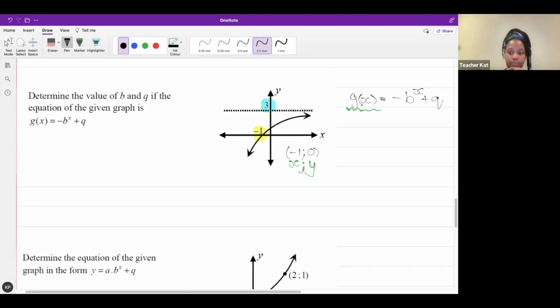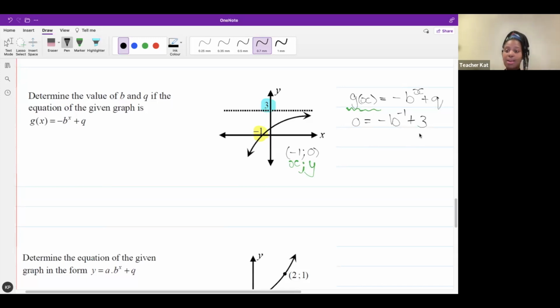Okay. So I can say 0 is equal to negative b to the power of -1. And what do we substitute for q? We substitute a 3 because that is my asymptote.